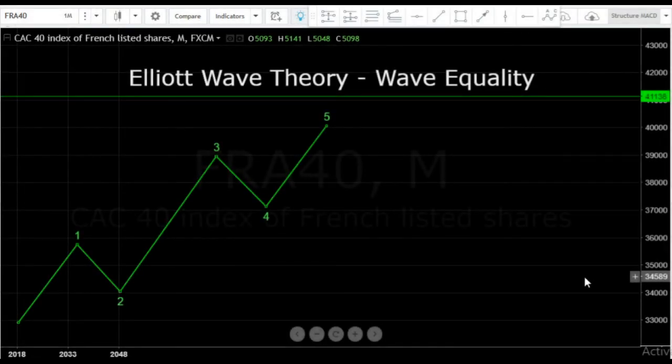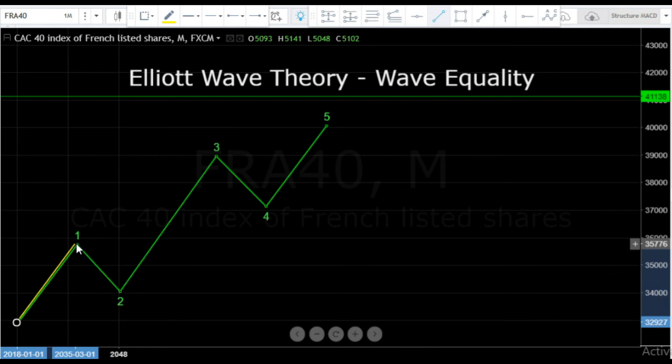Okay, and then finally we'll just have a quick look at wave equality, which is very, very simple. What it basically states is that where we have an impulse, it's often the case where two of the waves will be very, very similar to one another, or almost equal in their magnitude and in their amplitude. In other words, this wave and this wave, 1 and 5 in this situation, are both of the same magnitude, and they're also of the same amplitude.